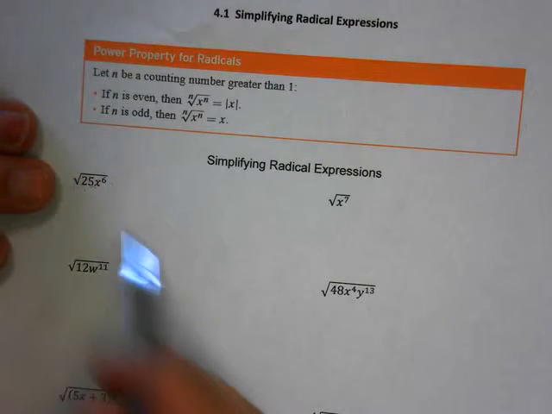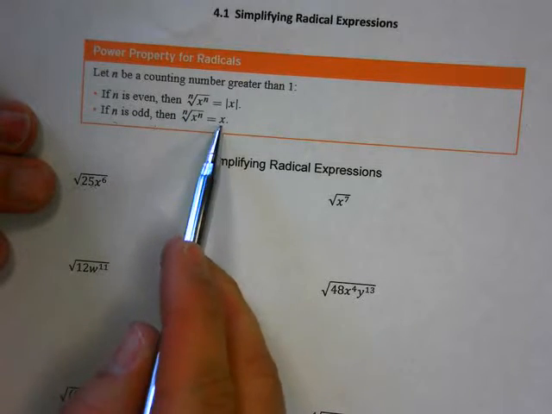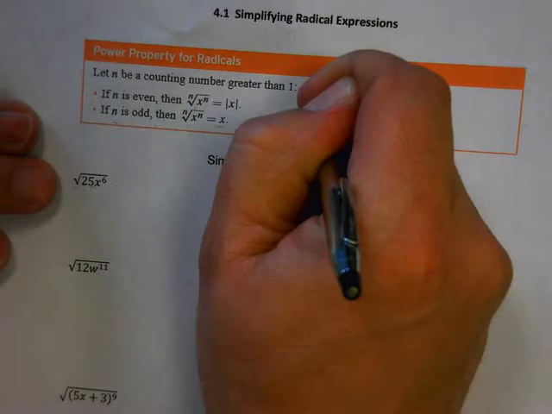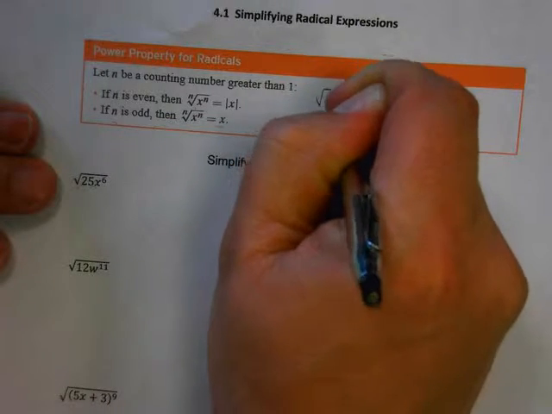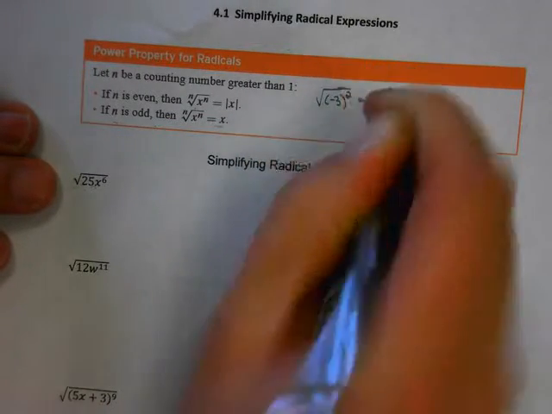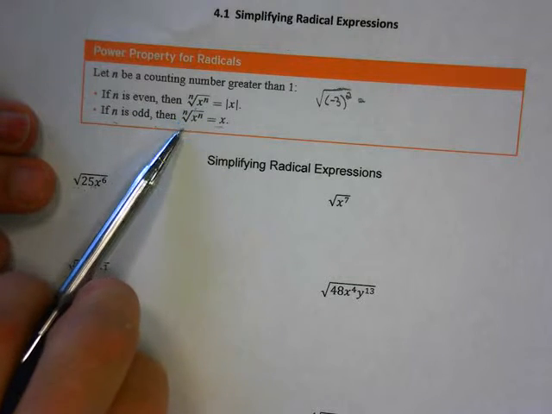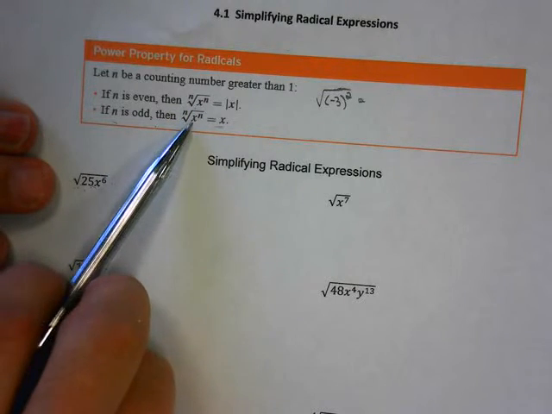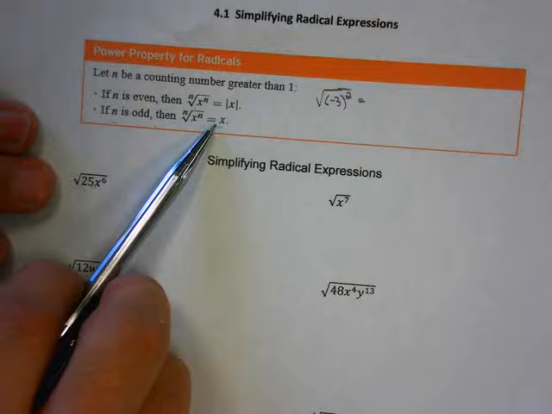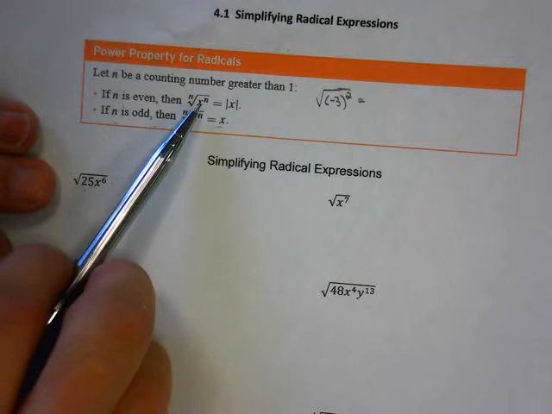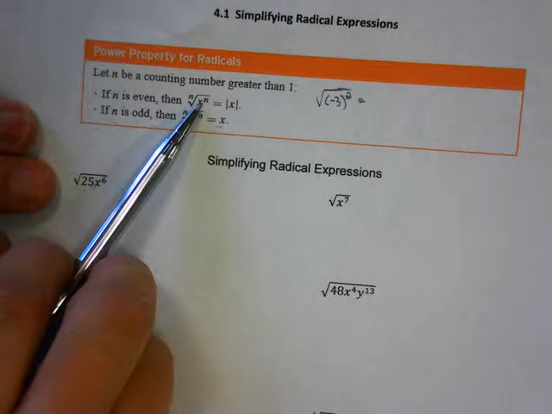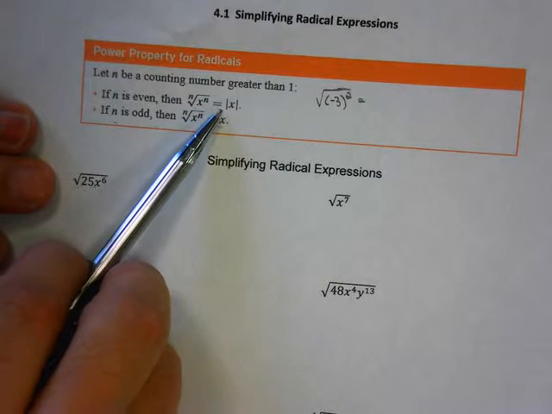They're non-real. If it's odd, then it's going to be the same. But if we start out with what's the square root of negative 3 squared? Notice here, if it was the cube root of negative 3 cubed, we'd get negative 3. But the square root of negative 3 squared is not negative 3. It's the absolute value of negative 3.